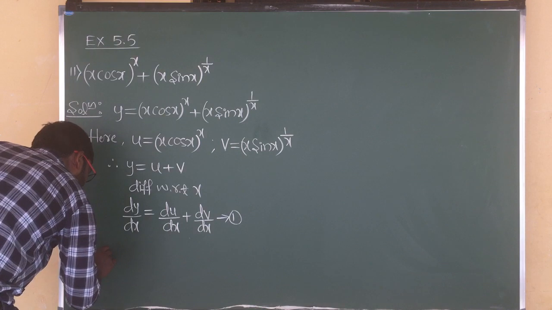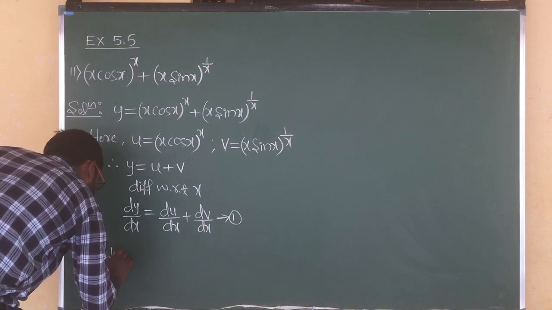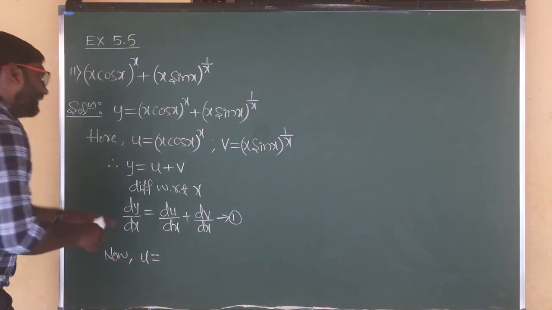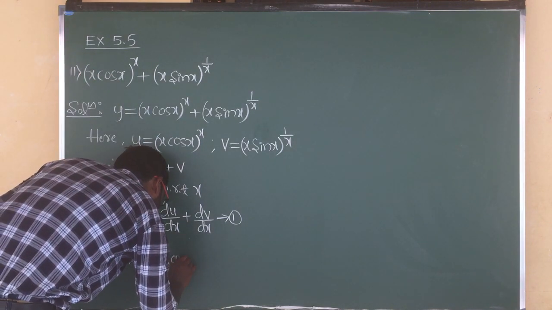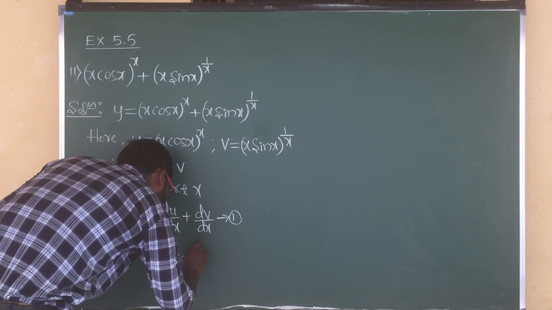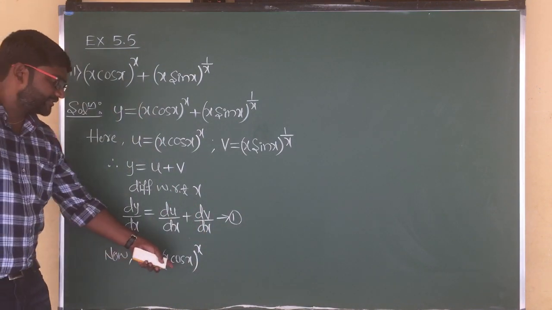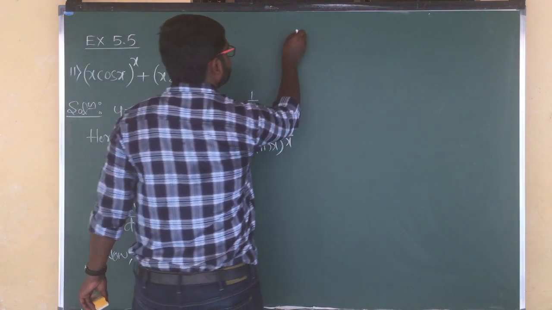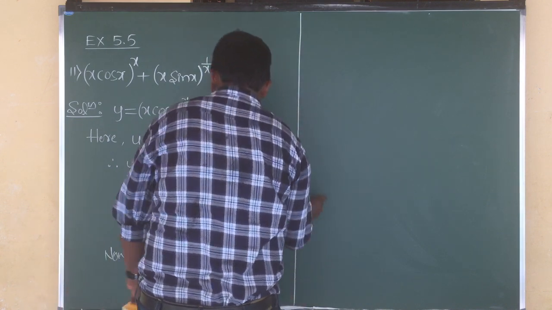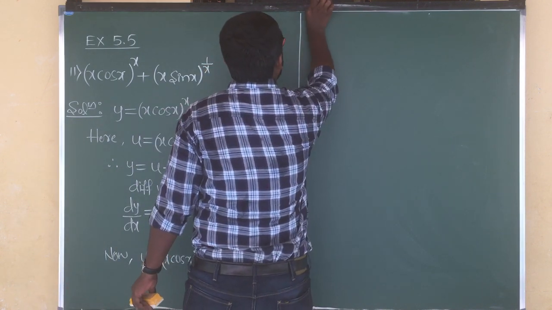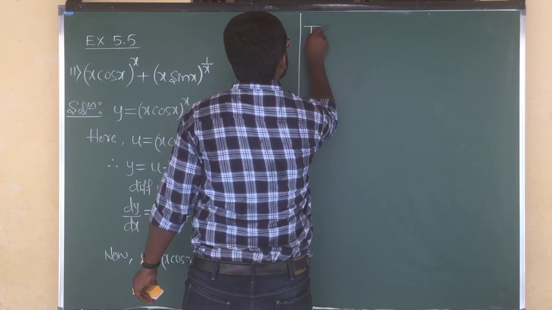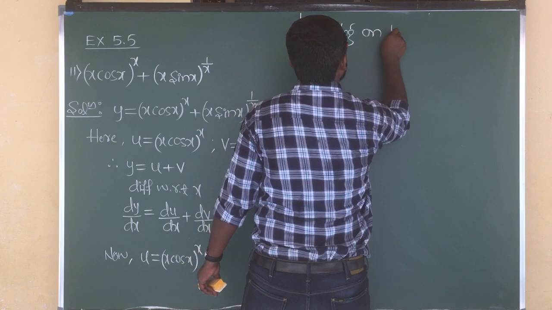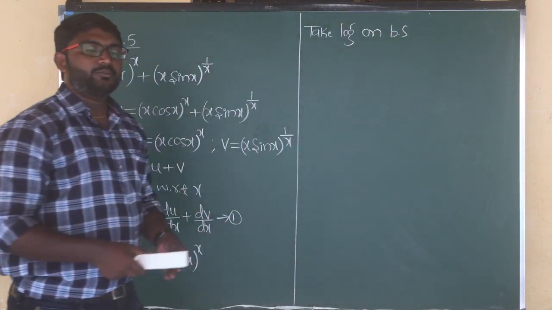So here now, u is equal to (x cos x)^x. Now we have to take log on both sides.